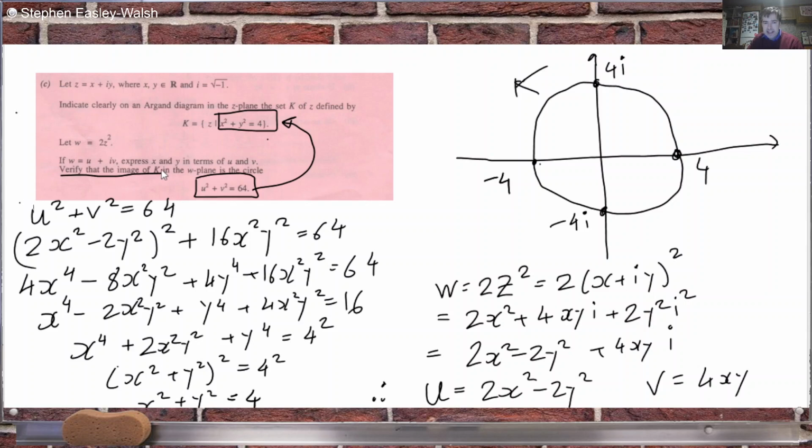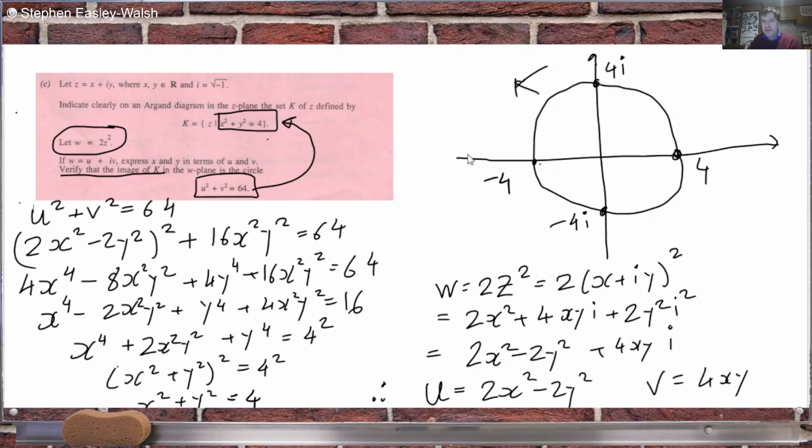The last thing to do, which I think is kind of tricky, is to express x and y in terms of u and v. And perhaps it would be best to rearrange this. So rather than try to solve this particular pair of equations, which looks not too appealing, it might be worth trying to take it from a different angle. I could say z is root w over 2.